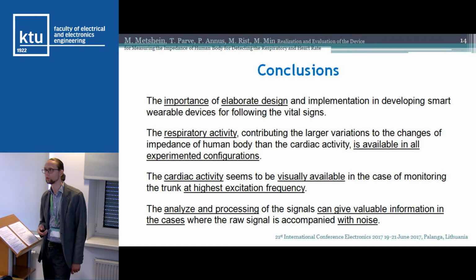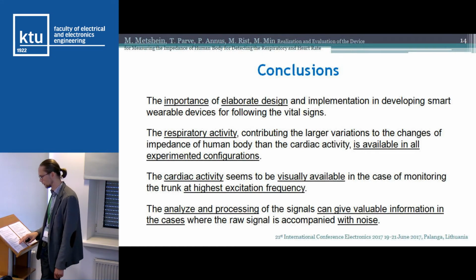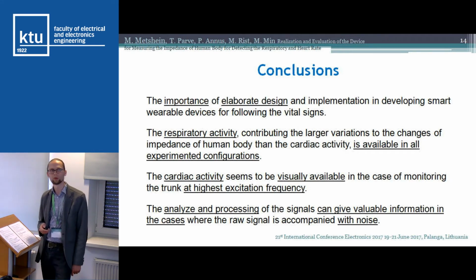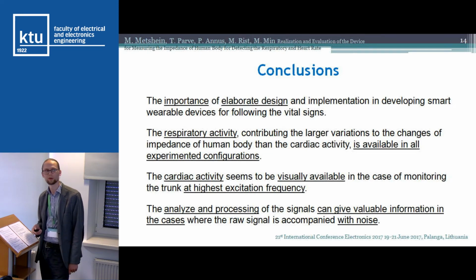So to conclude, the design of the wearable device has an enormous effect on the result of the measurements of vital signs. The respiratory activity can be assumed to be available from all of the experimented excitation frequencies and configurations.